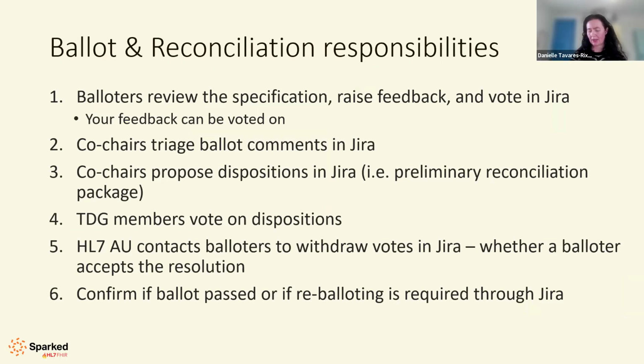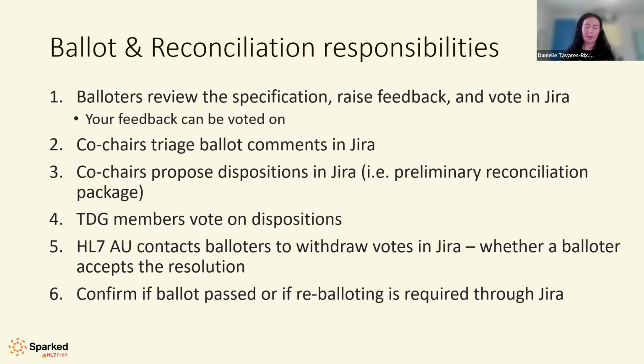I'm going to be taking some frequent sips because I think I'm losing my voice. During the ballot period, balloters are reviewing the specification. We have proposed to HL7 Australia that there is a draft, a proposed standard here that we think should be published.